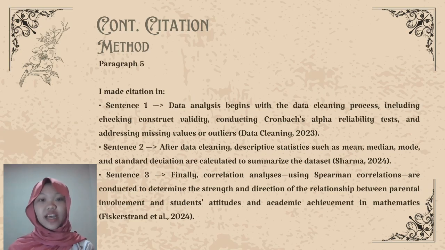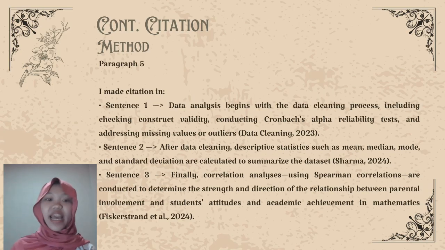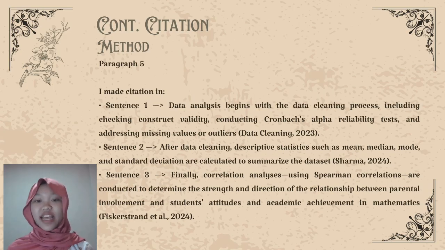In sentence 2, contains, after data cleaning, descriptive statistics such as mean, median, mode, and standard deviation are calculated to summarize the dataset. And I made a citation from Sharma in the year 2024.